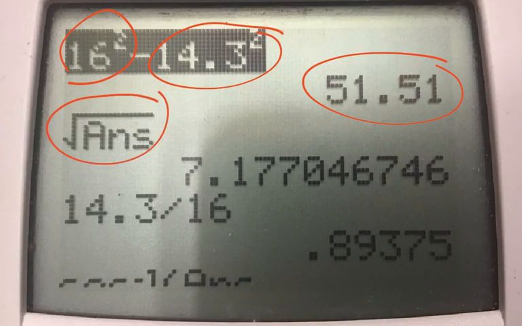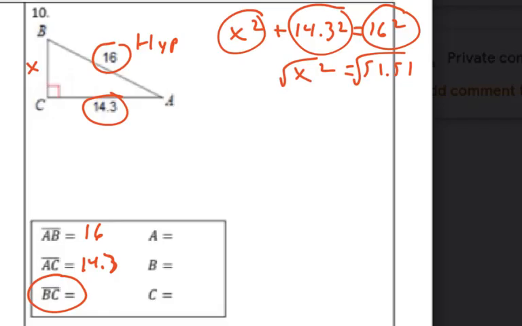So when I square root, I get 7.177. So I now know all the missing sides. 7.177, right? So now what? Well, we know angle C is 90. Let's put that in there. Now we just have to decide, do we want to find angle A or B? Why don't we find angle A right here?